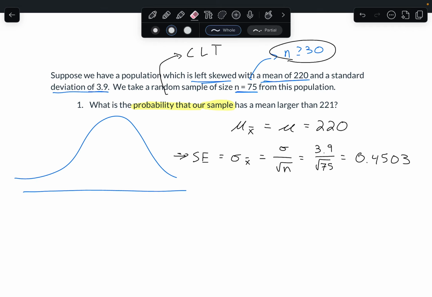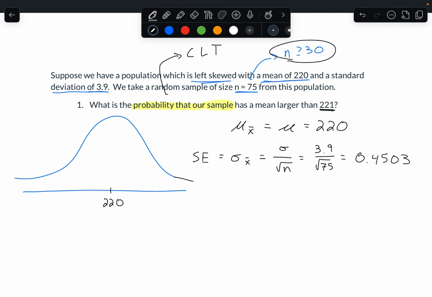So now I'm going to go and draw this out. This should look very familiar to the other types of normal distribution problems that we've seen up until this point. We've just got a new mean and a new standard deviation. So our mean is 220. Let's put that right in the middle. We want to know the probability that our sample has a mean larger than 221.